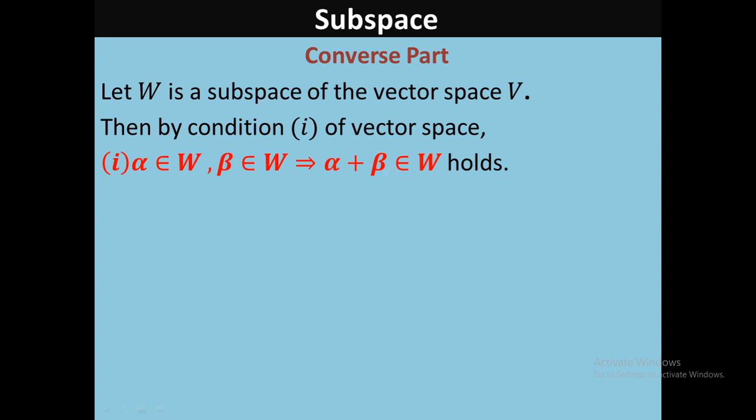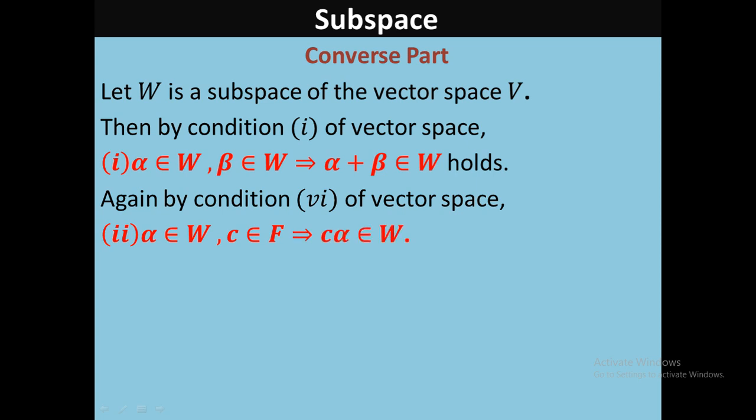Now we have to prove the second condition: if C belongs to F and alpha belongs to W, then C dot alpha is also in W. For that purpose we consider C an element of F and alpha in W. Then C dot alpha is in W by condition 6 of a vector space. I hope that all of you know the conditions for a vector space.